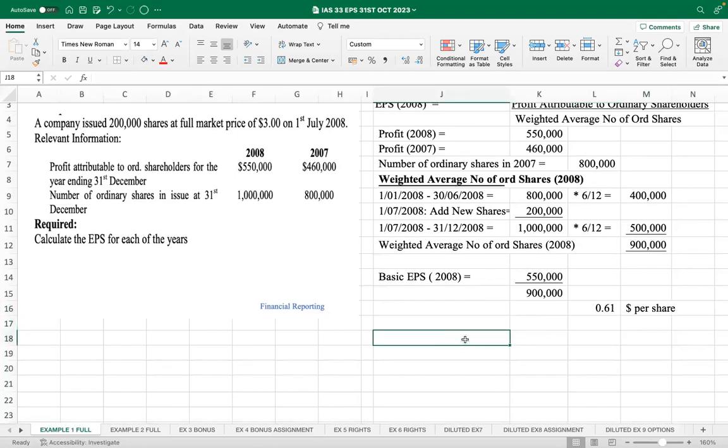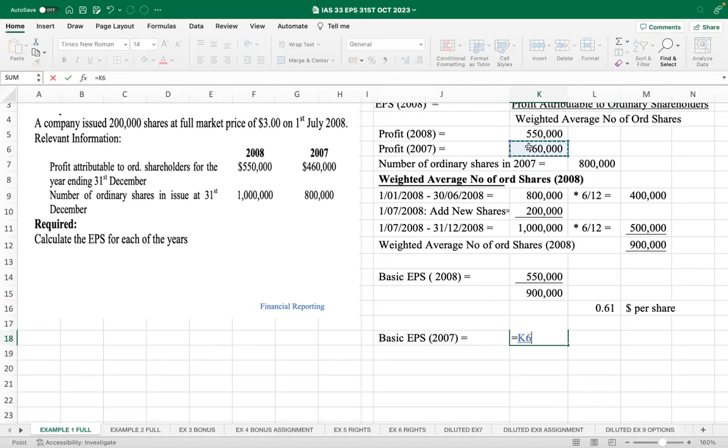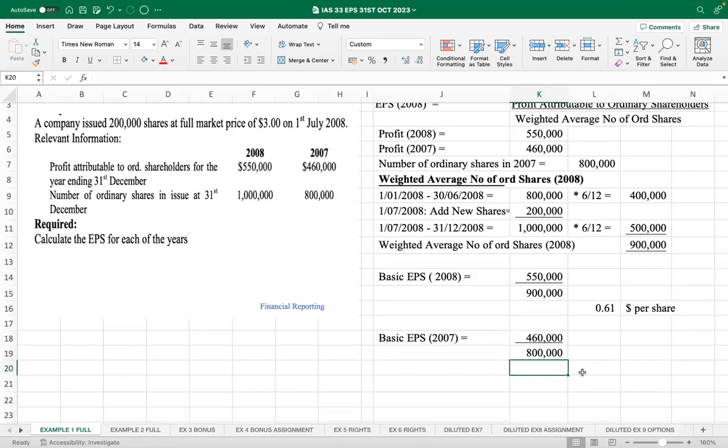But we were asked for 2 years because we must compare the data. So what is our basic EPS for the year 2007? We pick the profit for the year 2007, and in 2007, there was no new issue of shares. So we just pick the number of shares that we had during that year. It is 800,000.